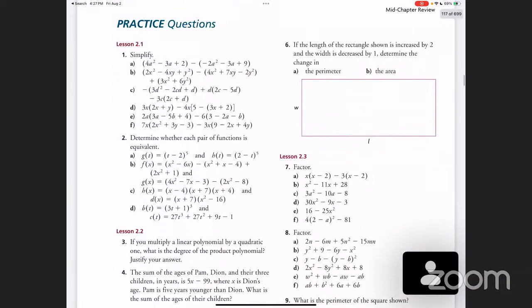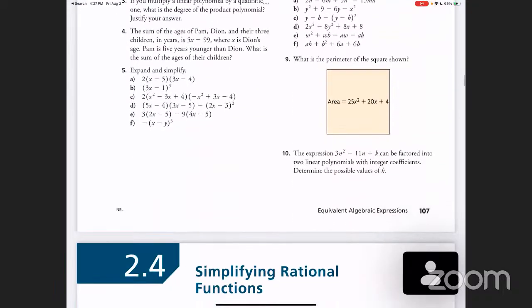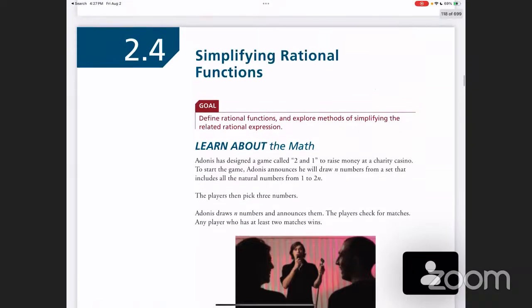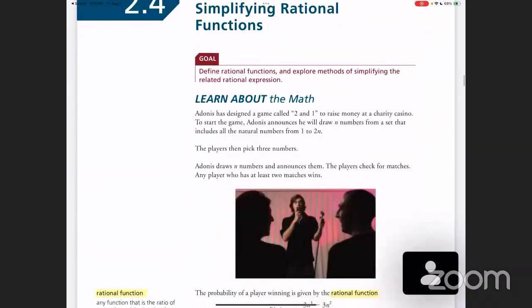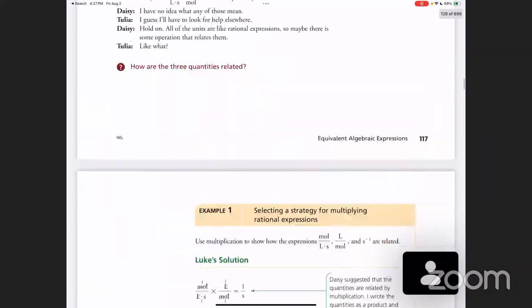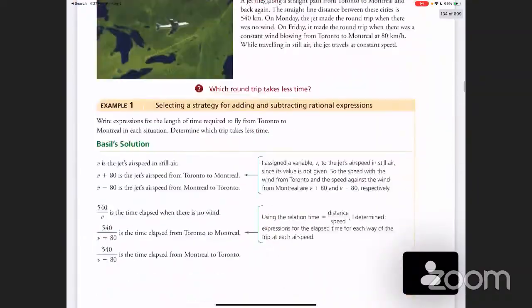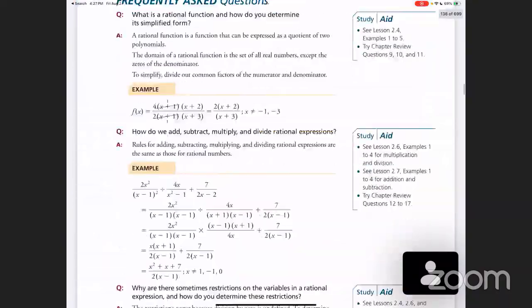So you're going to do the chapter review. You can see those questions are on page 107. No, that's not the chapter review. That is simplifying rational expressions, the chapter review at the end. Okay, we have done it. Adding and subtracting polynomial expressions, we have done it.